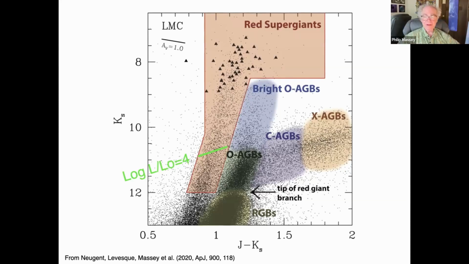What I think we see here is that as you go below a luminosity of about 4, you are in fact getting contamination from the AGB stars. If you look at the evolutionary tracks for LMC metallicities, you expect to see red supergiants down to a luminosity of about 3.8. And that's sort of consistent with being near the tip of the red giant branch, more or less.